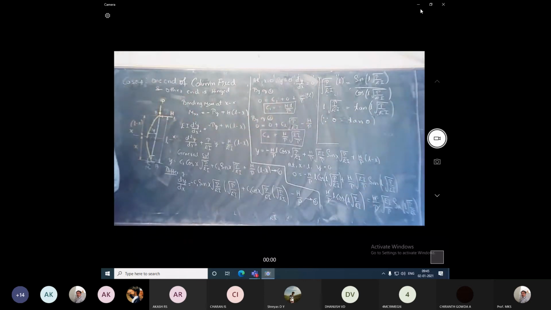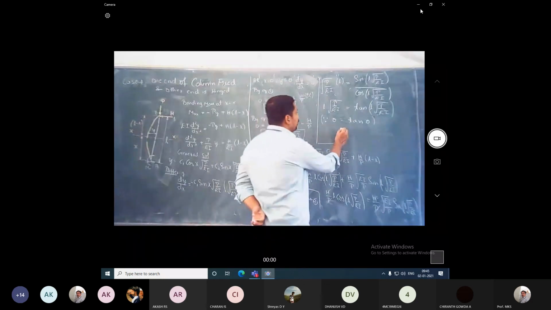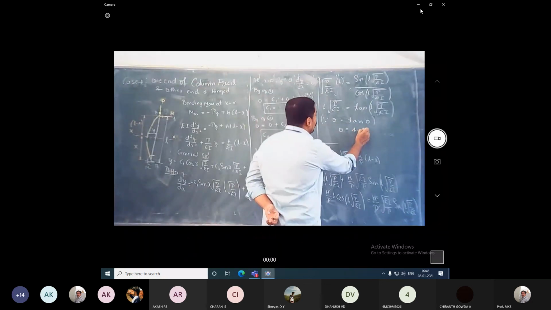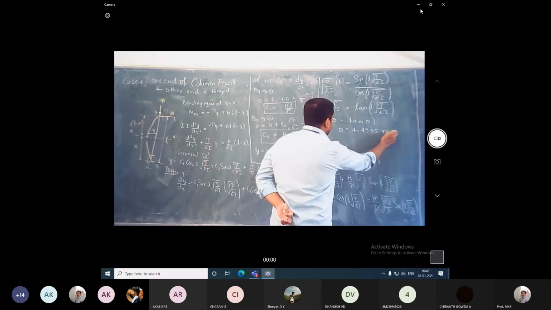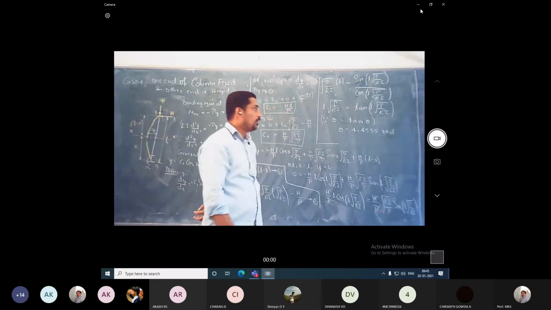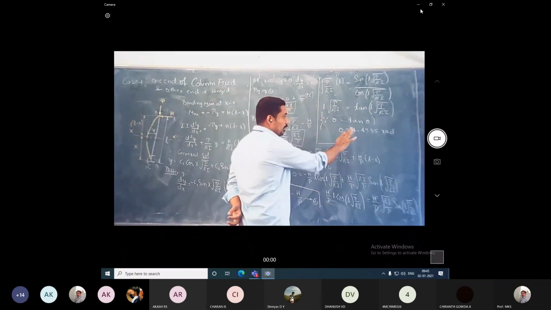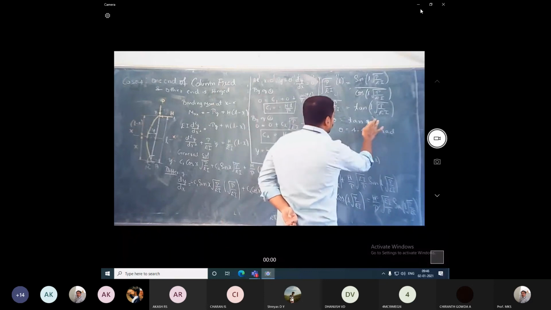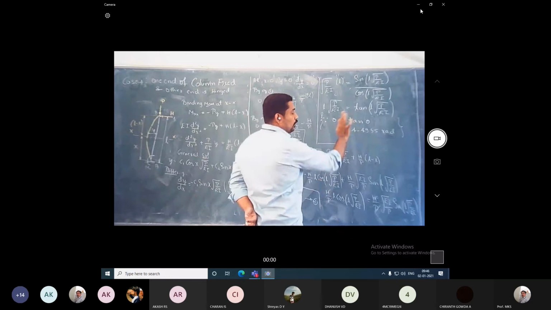It is like theta is equal to tan theta, right? When theta is equal to tan theta, we have some value that you need to remember. That is, when theta is equal to 4.4935 radians, then theta will be equal to tan theta.